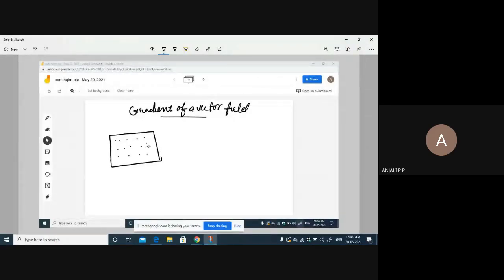For each point, if you can find a vector, that is, each point has a vector, then we can say that this is a vector field. A vector field is a plane which is full of vectors.